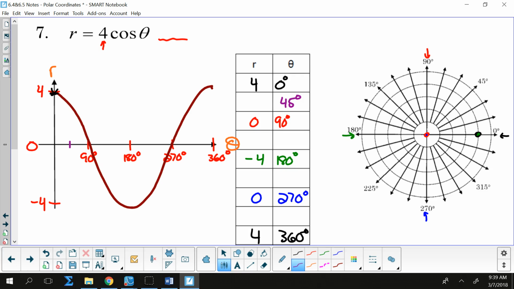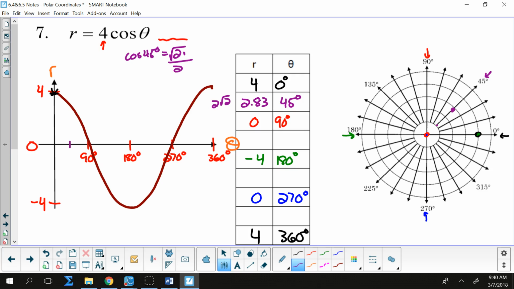Because the cosine here at 45 degrees is square root of 2 over 2, but then that has to be multiplied by 4. So this is really 2 square roots of 2, which is like 2.83. So at 45 degrees now, here's my 45 degree ray, I have to go out 2.83.